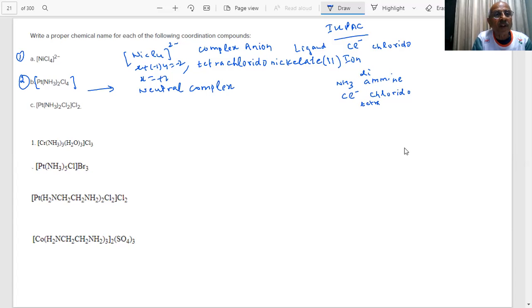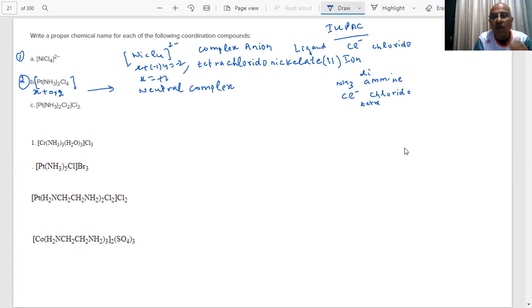What is the oxidation number of platinum here? We have to calculate the oxidation number of platinum. What will be the value of that? X. NH3 is neutral. This is a neutral ligand, so 0 into 2.